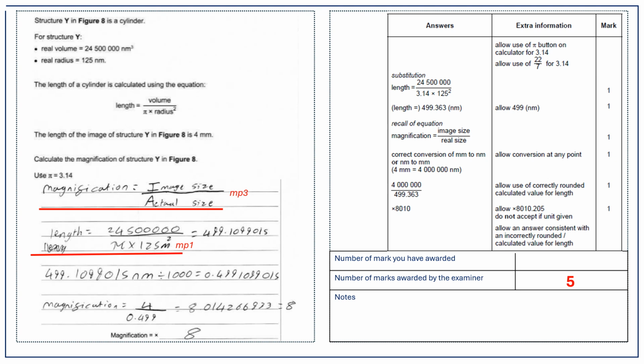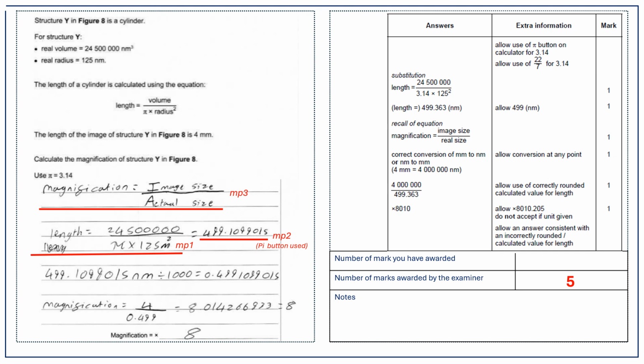Notice that this answer is different to the one on the mark scheme, but that is because the student has used the pi button instead of 3.14 as instructed. Remember that this is allowed, so the student can get marking point 2 as well.